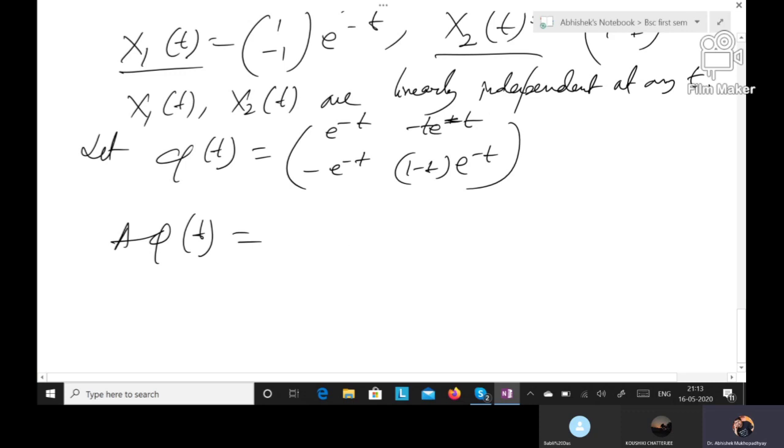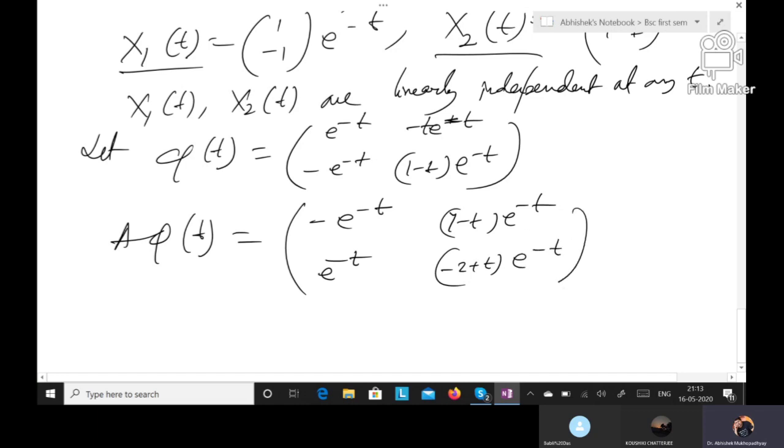If you calculate this matrix multiplication, you will see that the product is minus e to the power minus t, 1 minus t e to the power minus t, e to the power minus t, and minus 2 plus t e to the power minus t.